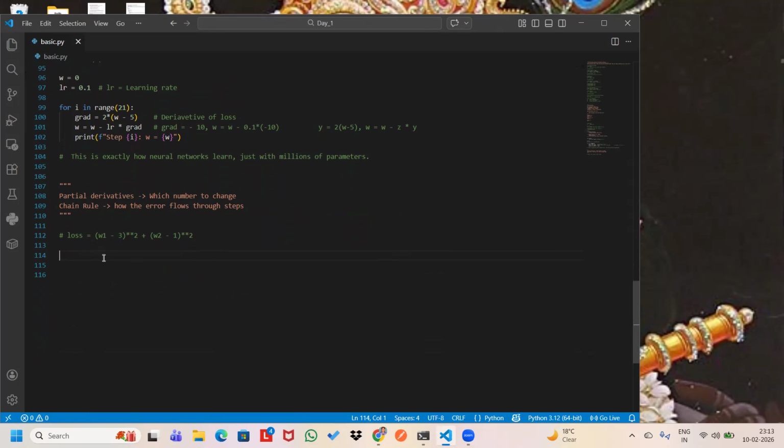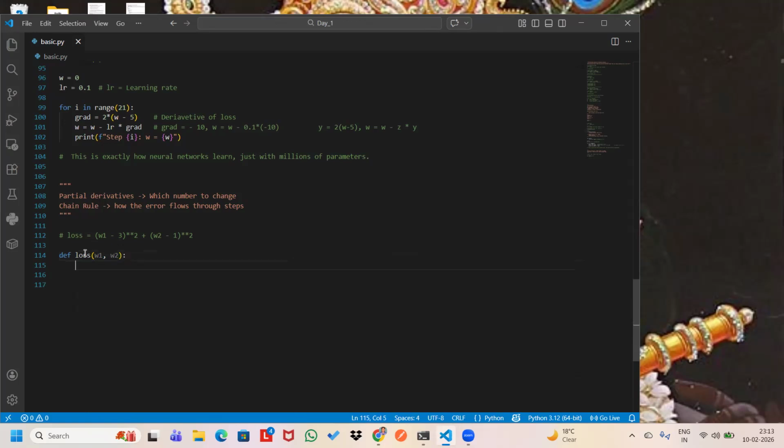If I write a program, I define a function called loss, and I take two parameters, w1 and w2, that is weight 1 and weight 2.